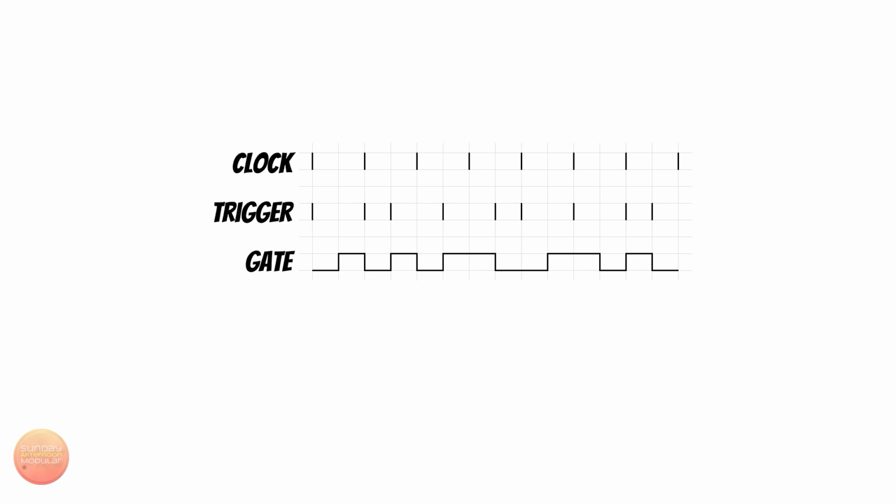It is used for actions where the length of the time the voltage is high matters. An envelope generator module, or ADSR for attack, decay, sustain, release, is the most classic one. The gate holds the envelope at the sustain level until the gate goes low, determining the note length. It is used to keep a VCA open for a specific duration, allowing a sound to be heard.